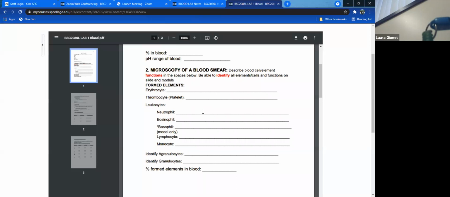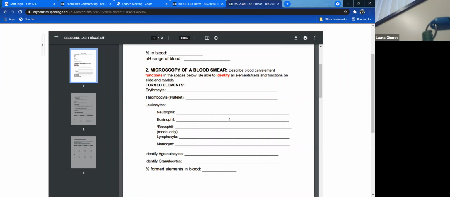Neutrophils: phagocytosis of bacteria. May be first to elevate in bacterial infection. That's good to know. Most abundant, most numerous white blood cell in a normal white blood cell differential. Eosinophils: orangey granules. I always put that in there because that's going to give you the big tip off.